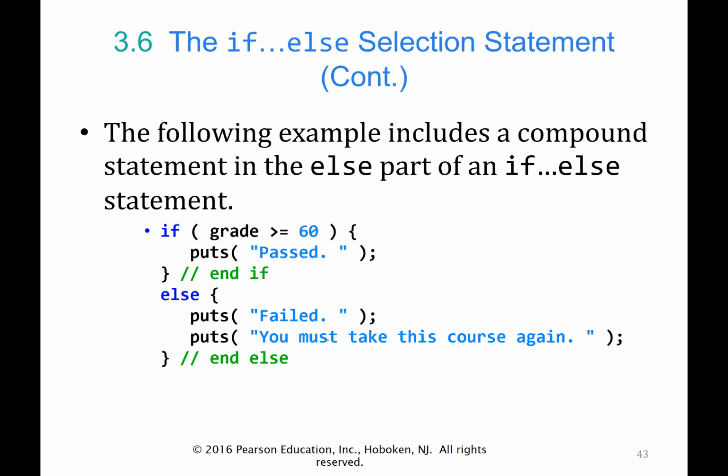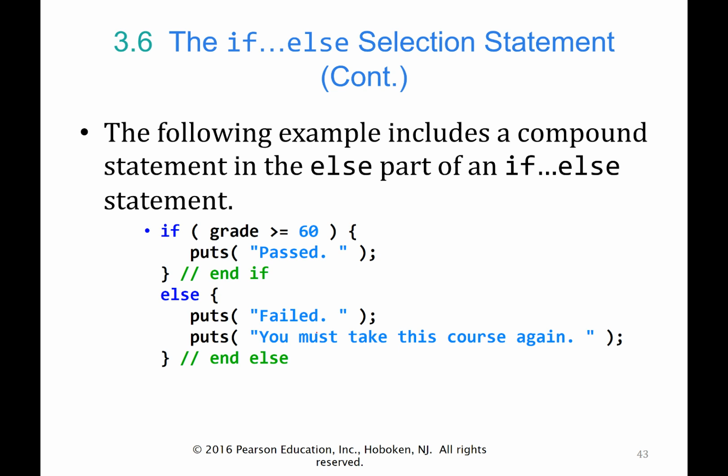If grade is greater than or equal to 60, it's going to print pass. Else, it's going to print failed. But because I don't have the braces, it's going to print, you must take this course again, whether the student passed it or failed it. That's not what you want. So the braces are very important in this case.